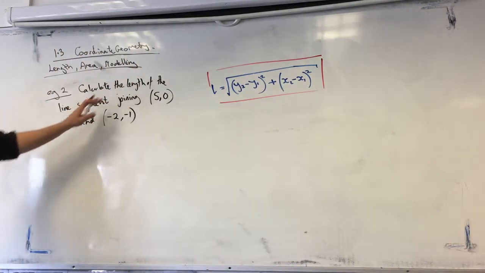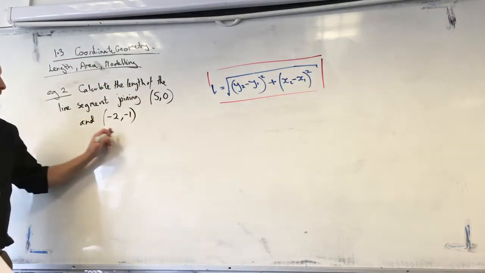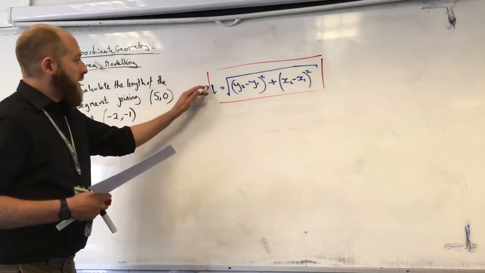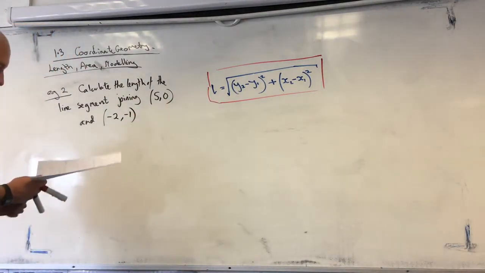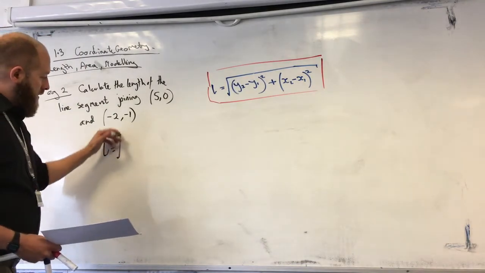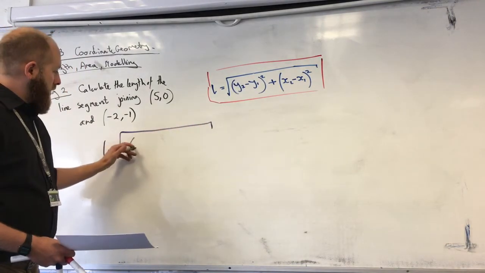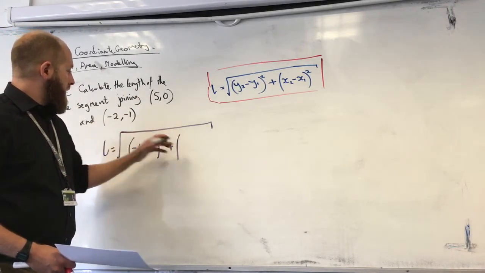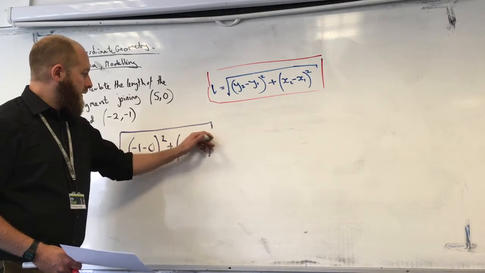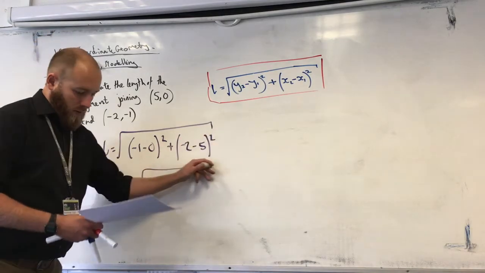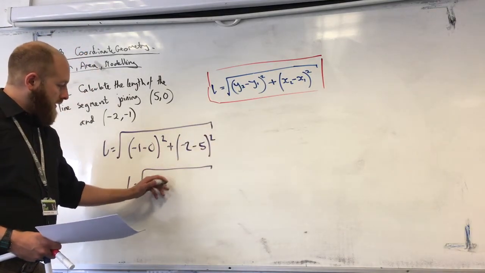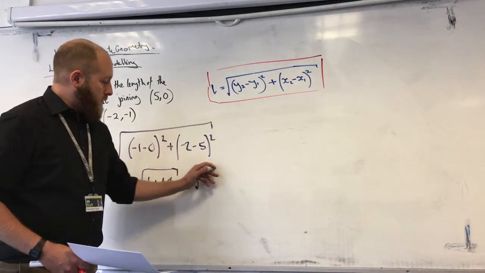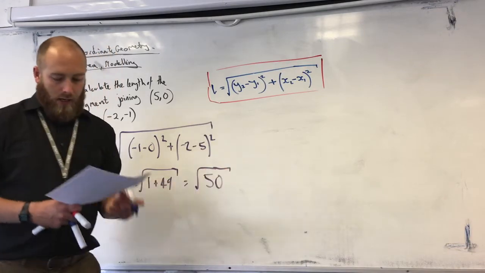Alright, next example. Calculate the length of the line segment joining (5, 0) and (minus 2, minus 1). So pause it, give this one a go yourselves, again using that equation. So (minus 1 take 0) squared plus (minus 2 take 5) squared gives us the square root of 1 plus 49, which is root 50.